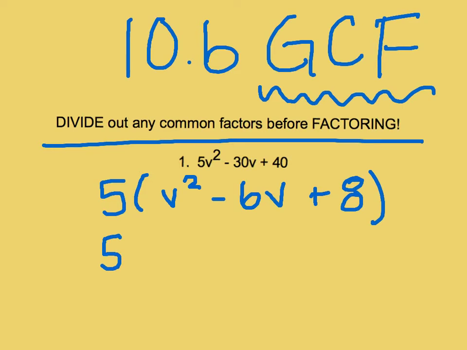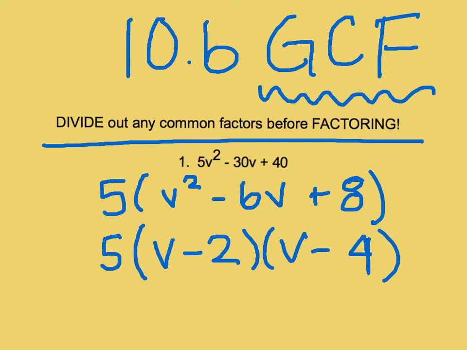The neat thing about this problem is because I have a value of 1 for a, it makes my job a little bit easier when I'm factoring. So I can think of the factors of positive 8 that add up to be negative 6. And when I think of those factors, I think of negative 4 and negative 2. So I can factor this into v minus 2 times v minus 4.